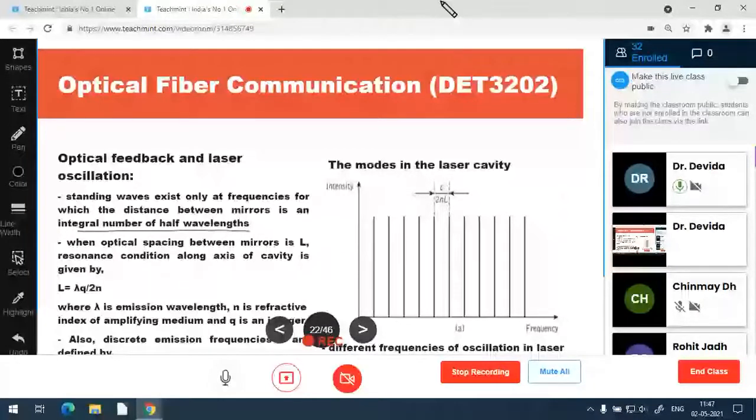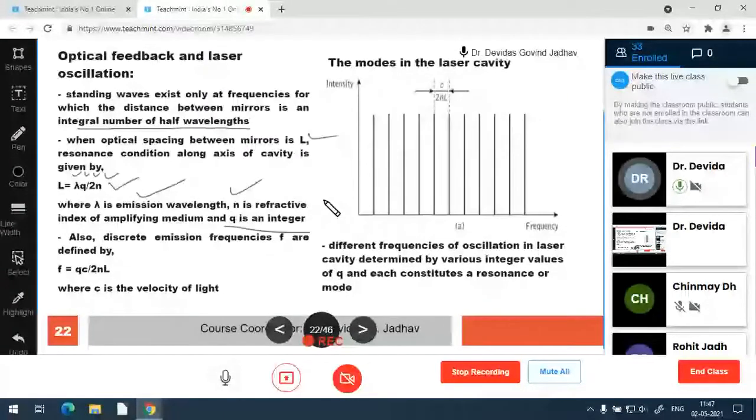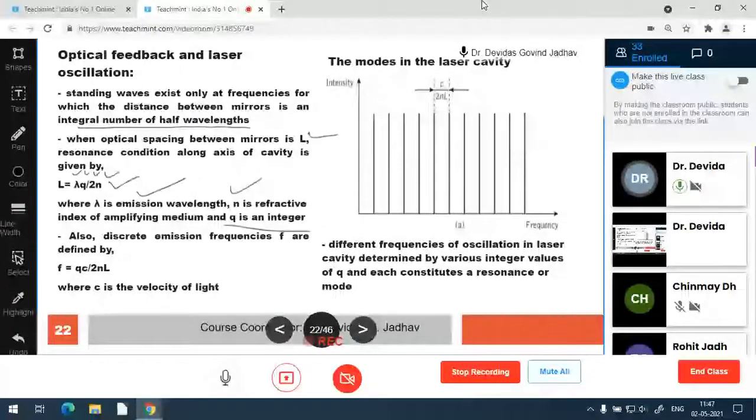So when the optical spacing between the mirrors is L, then that L can be given as lambda q divided by 2n, where lambda is the emission wavelength, n is the refractive index, and q is any integer number. Q is an integer number. Also, the discrete emission frequency f can be given as f is equal to qc upon 2n.